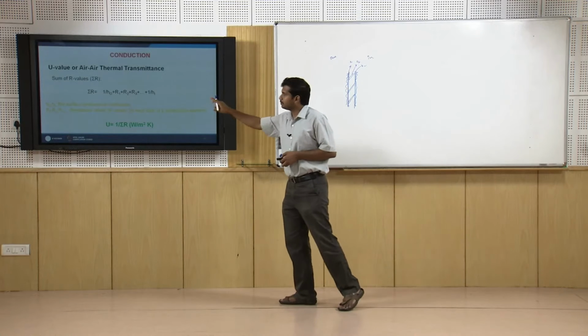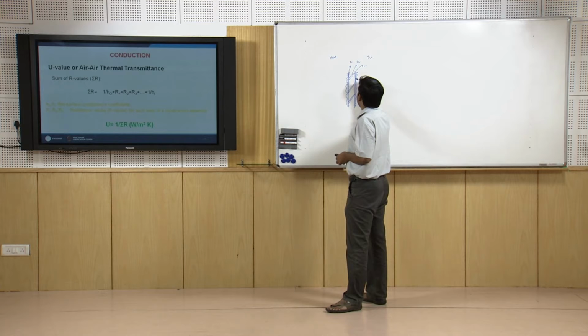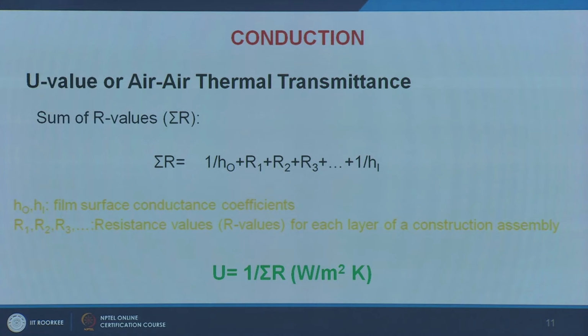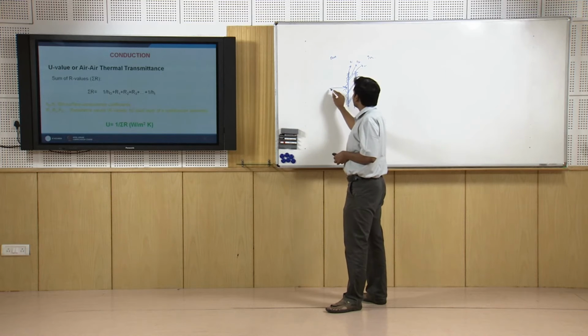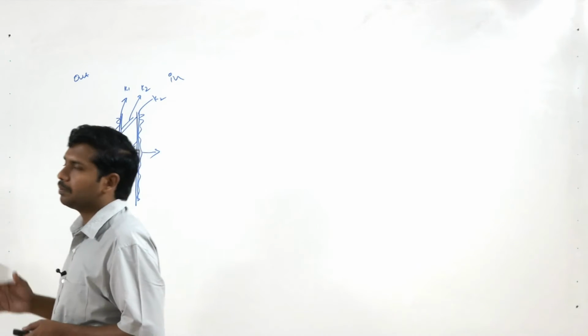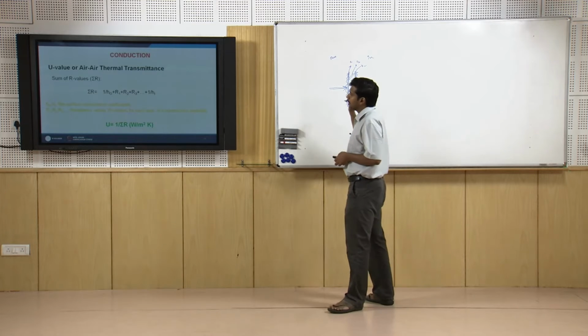Actually the resistance of this particular film has quite a significant impact on the total conductive heat transfer from outside to inside. This film coefficient primarily depends on the surface characteristics of the wall as well as the environmental condition.